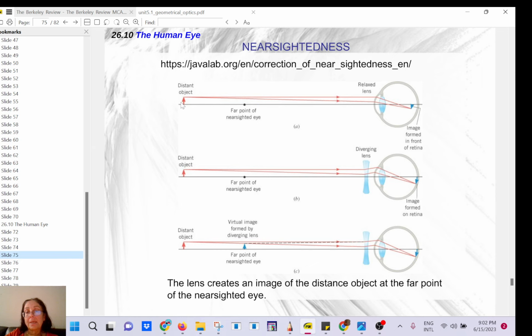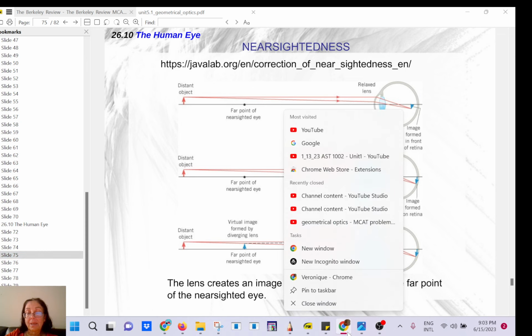What's happening is that the eye is flattened, kind of like an egg, and you see here the image is in front of the retina. So what you need is a diverging lens to bring that image farther away. That means you cannot see farther than that point. So the diverging lens brings back the first image, so then you can see.